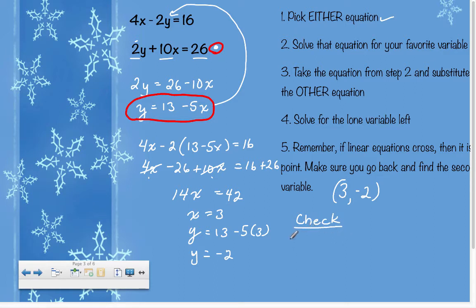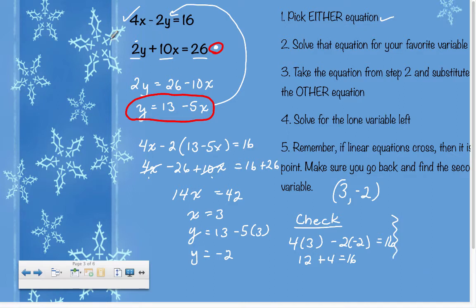All right, anyway, 4 times 3 minus 2 times negative 2 should get me 16. I'm checking this first equation here. 12 plus 4, because negative times negative is positive. Does that equal 16? Beautiful.